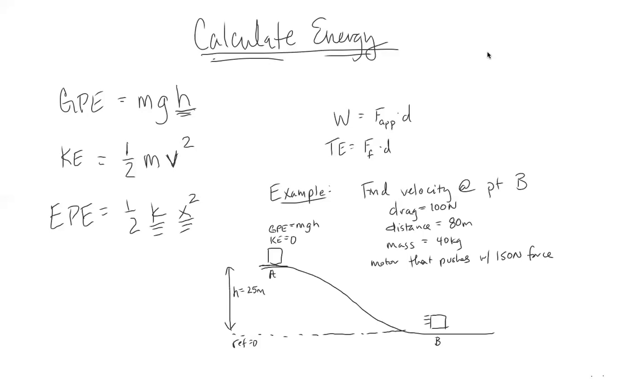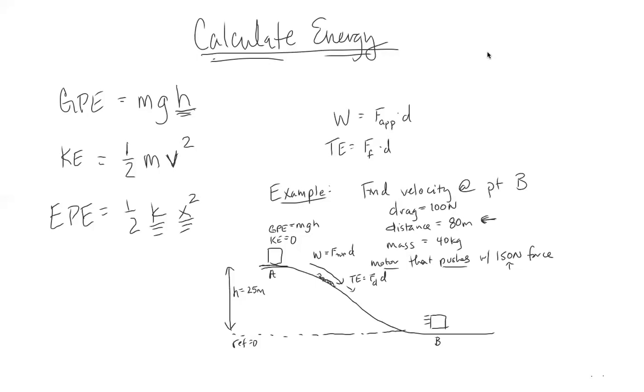As we go down, there's work done because we have a motor that pushes, and that work is equal to our force applied times the distance it goes. Oh, it's not friction, it's actually drag, so it has some wind pushing against it. So we can determine our thermal energy that's opposing motion as the force of drag times the distance we're going, which we know is 80 meters.